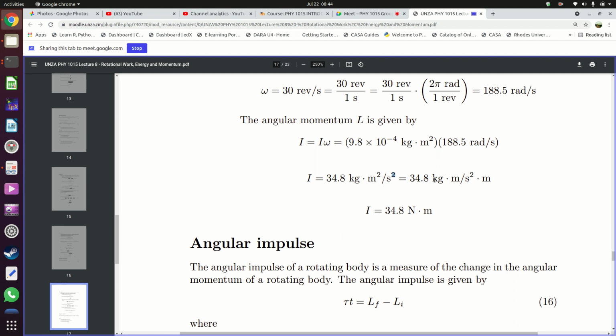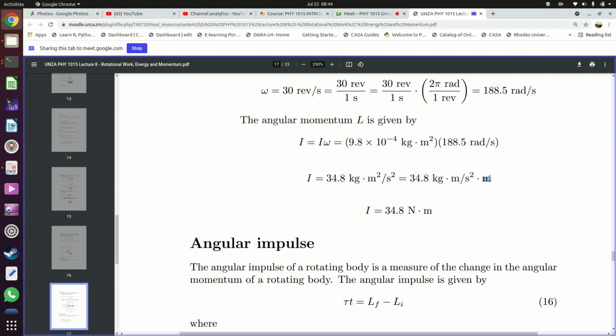Then what else do I do? I separate the meter squared. So I've got this bit here, I've got this bit here.